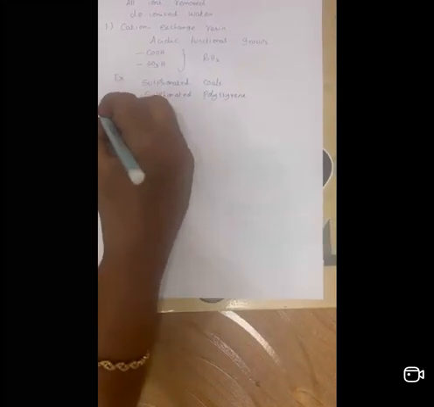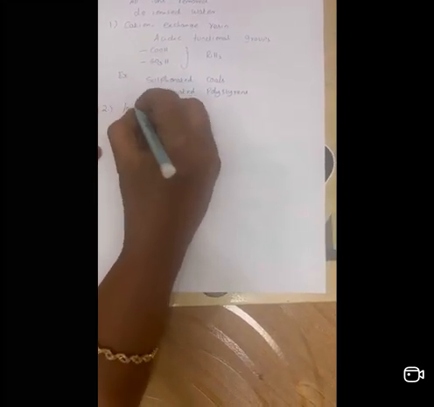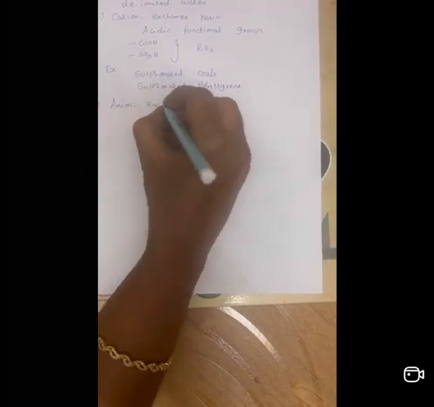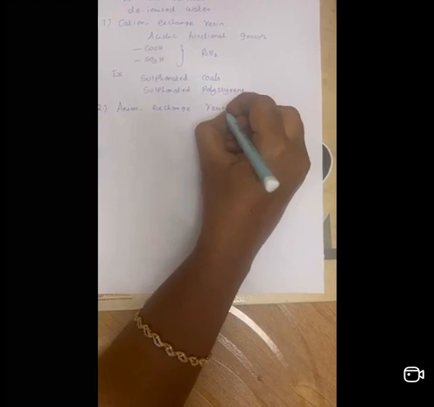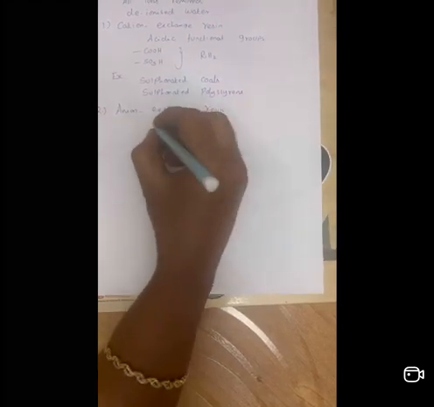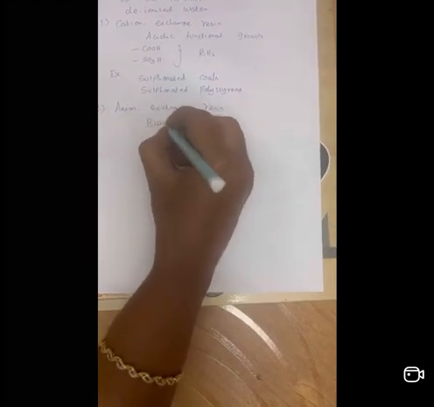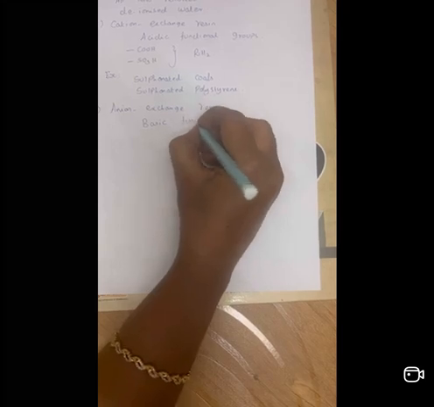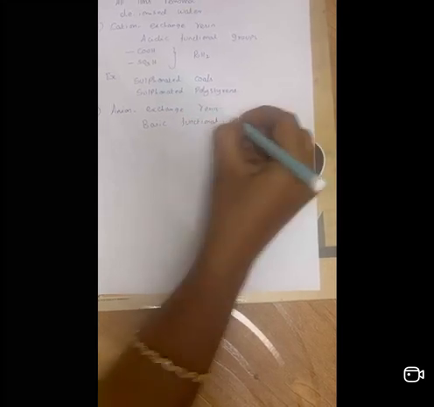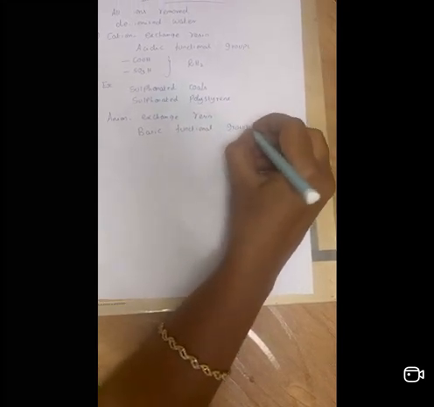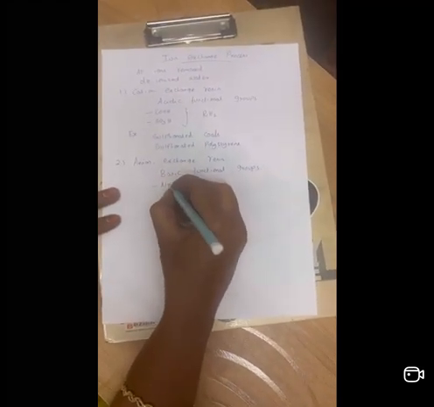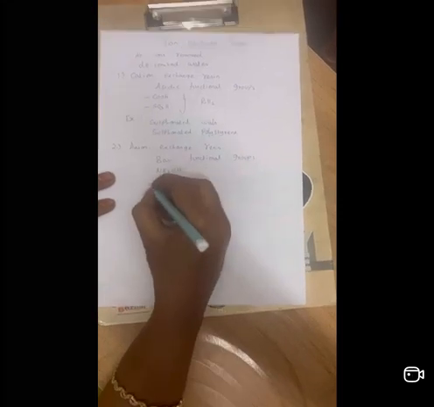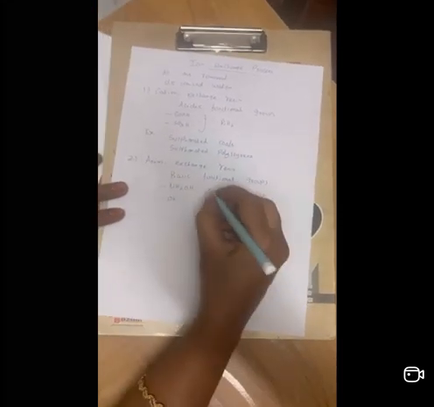Then we go for anion exchange resins. So these resins contain basic functional groups. So the functional groups used here are NH2, OH and OH.